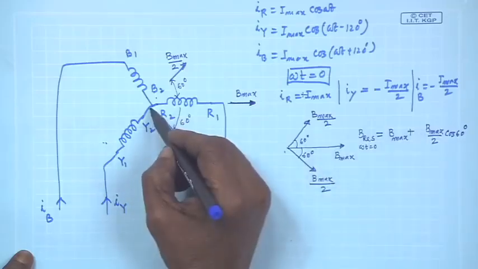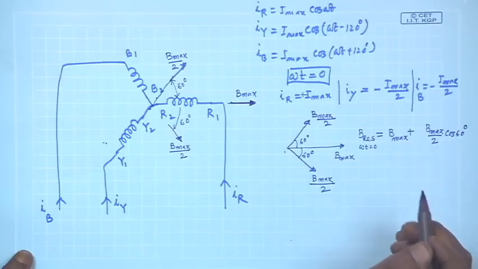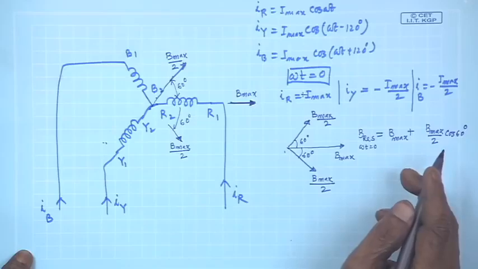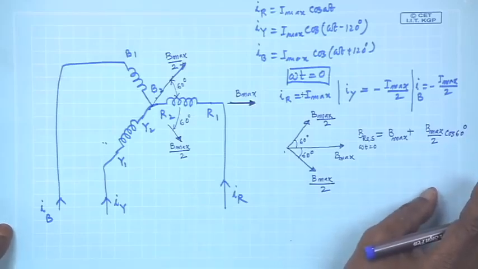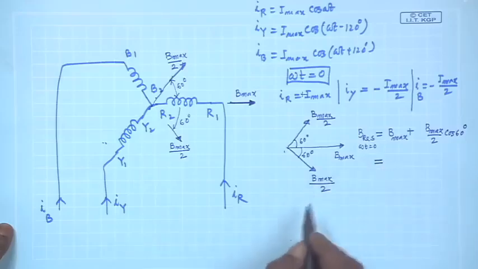This angle is 60 degree. So, B max by 2 plus B max cos 60 degree. What is cos 60 degree? Cos 60 degrees is half. So, did I do any mistake here?